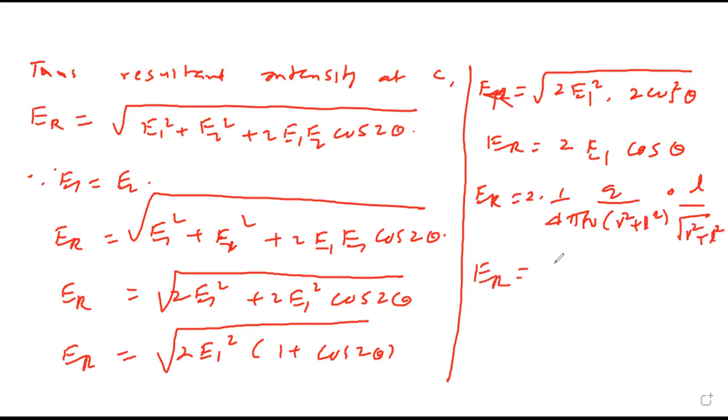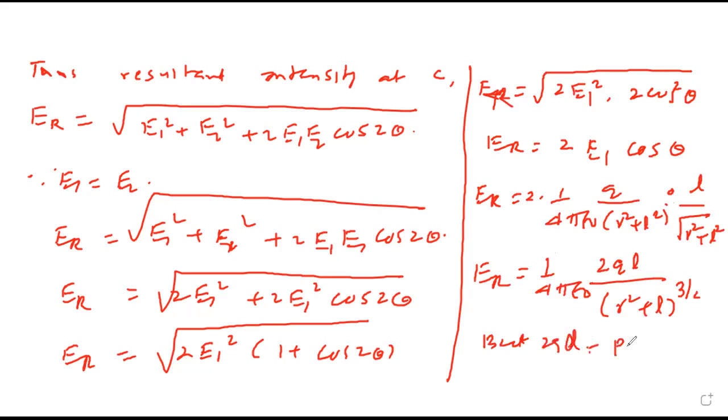So the resultant will be 1 upon 4 pi epsilon naught, 2 q L upon the whole bracket raised to power 1 and this will be half, so it is r square plus L square raised to 3 by 2. But 2qL equals p, the electric dipole moment.